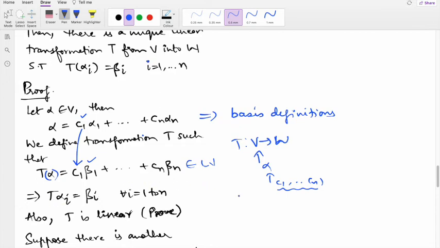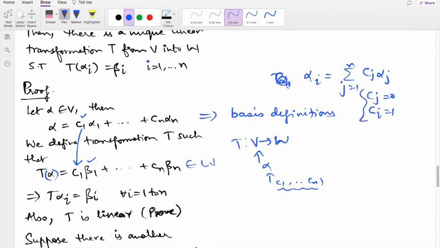So now by definition I can see that T of alpha i equals beta i, correct? Why? Because alpha i is basically just the summation, j equal to 1 to n, of Cj alpha j, such that all Cj are 0 except Ci, where Ci is 1.